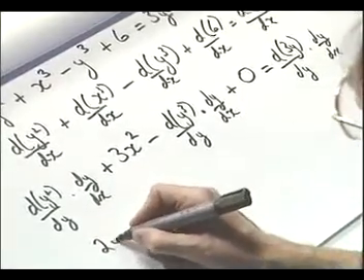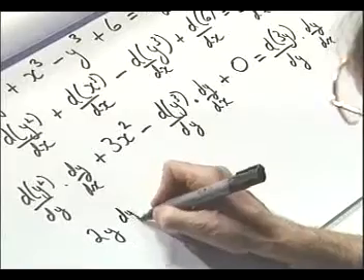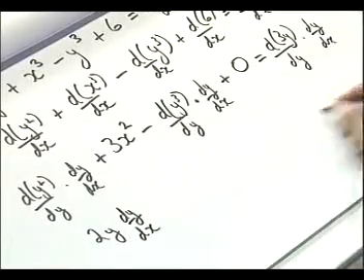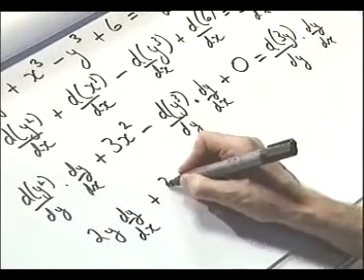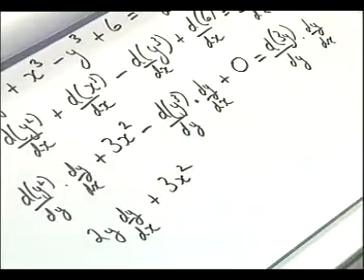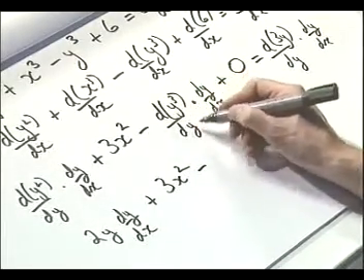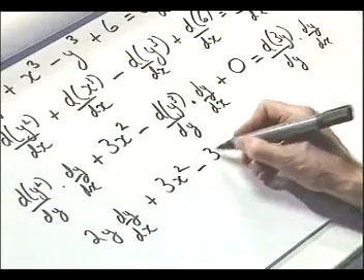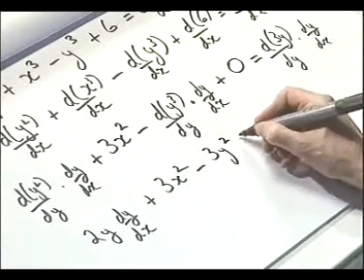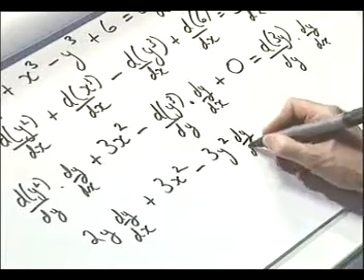So that will give us 2y dy by dx plus 3x squared minus the derivative of y cubed with respect to y is 3y squared dy by dx.